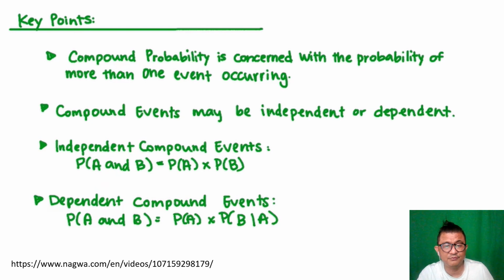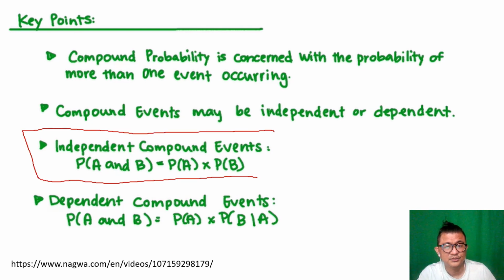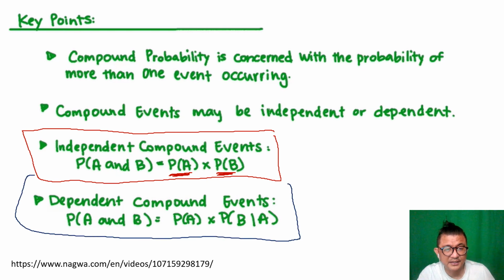Independent compound events. Okay, this is it, the multiplication rule. Simply multiply the probability of getting A times the probability of getting B. Okay, that's for independent. But for dependent, this is the most important thing. You multiply the probability of getting A times the probability of getting B, assuming that A was taken out.